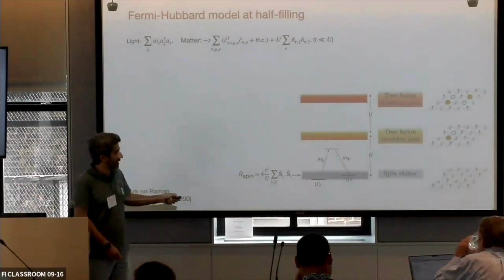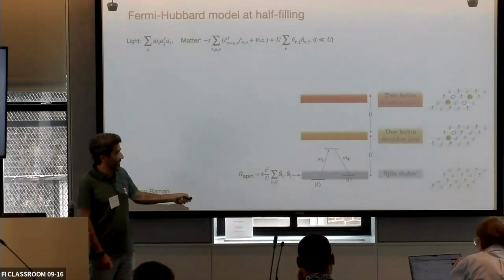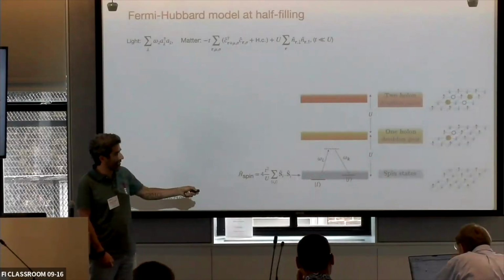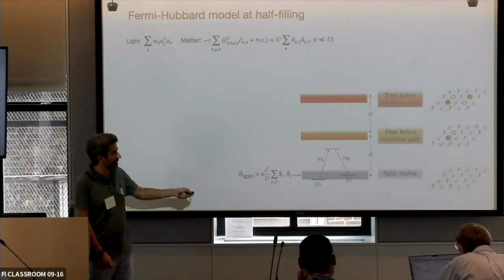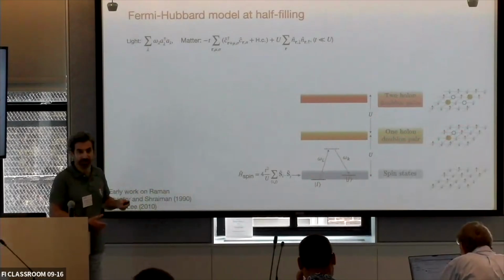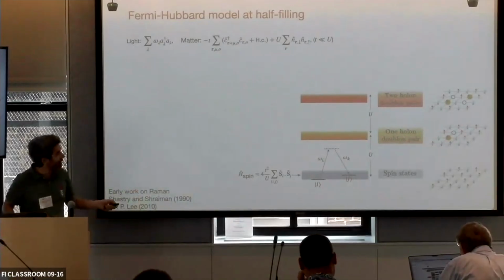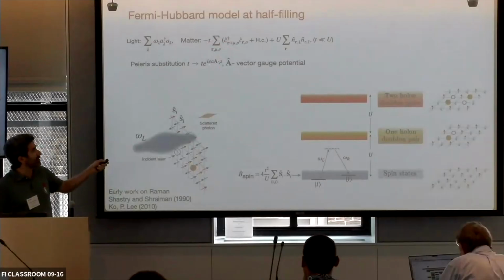So for the Fermi-Hubbard model at half filling, you have the spin sector, and then you can have the one excitation sector, which is the one holon and one doublon, they can pair or not pair, or I can have two of them. Each of them, let's assume, are separated by some large energy scale U. The way that we incorporate the interaction with light is through Peierls substitution.